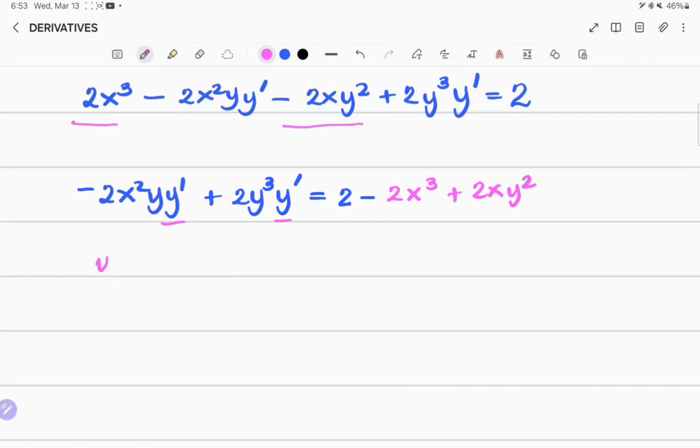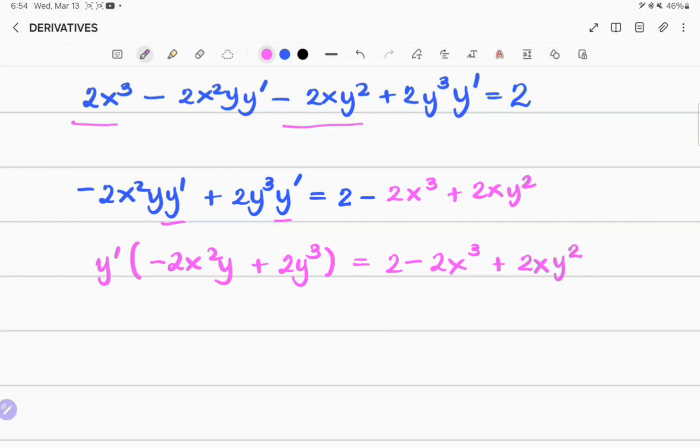As we continue, we factor out y prime. We have y prime times (negative 2x squared y plus 2y cubed) is equal to 2 minus (2x cubed plus 2xy squared).